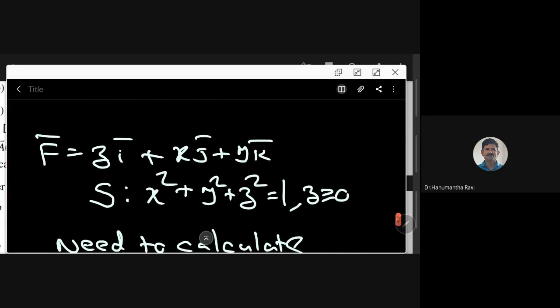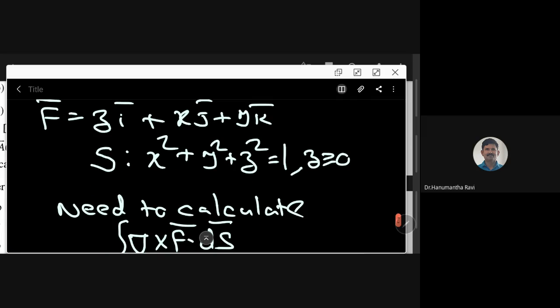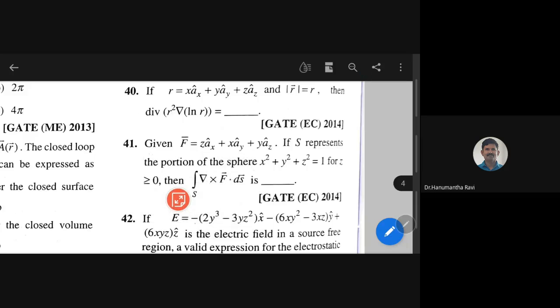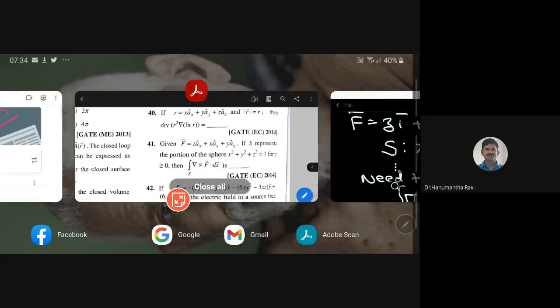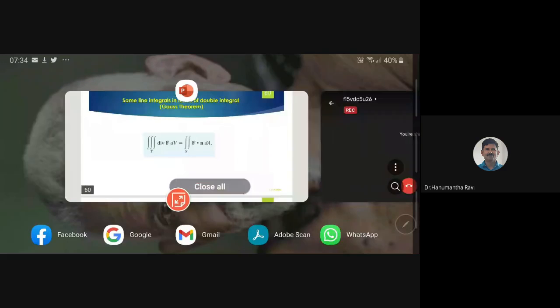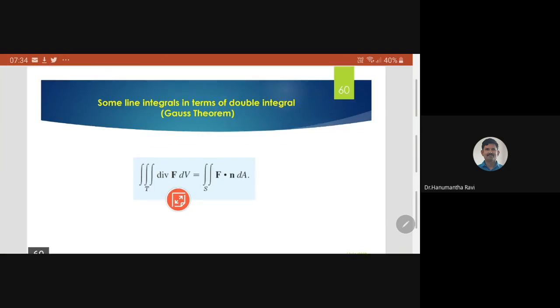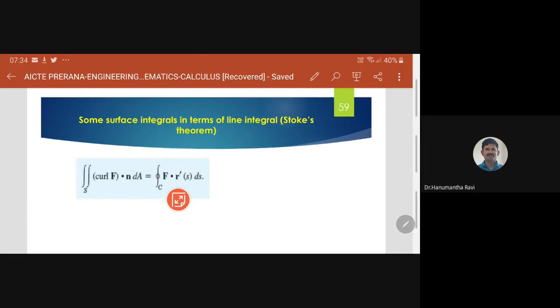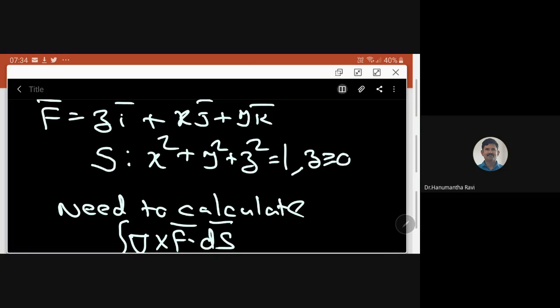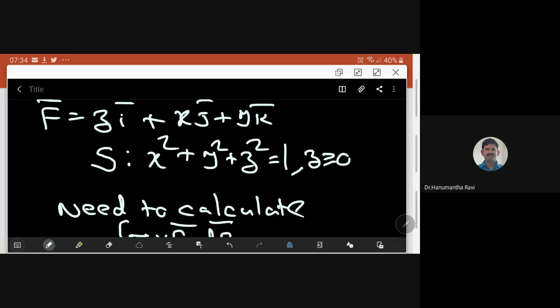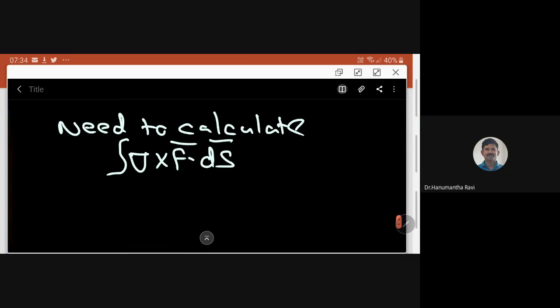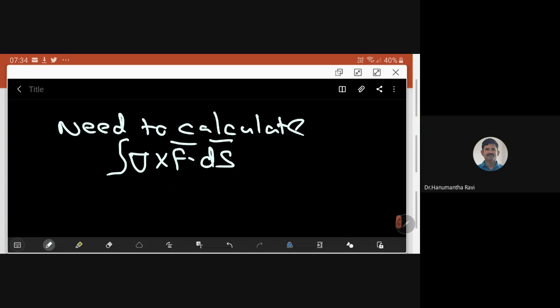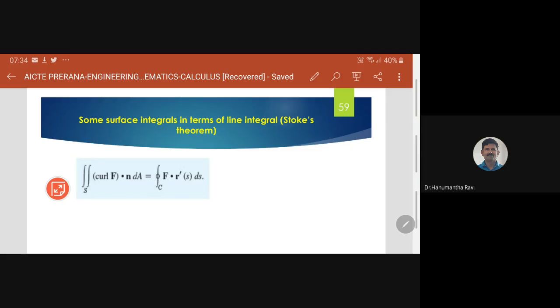When we go to Stokes theorem, see here, curl f bar and dot ds bar are there.